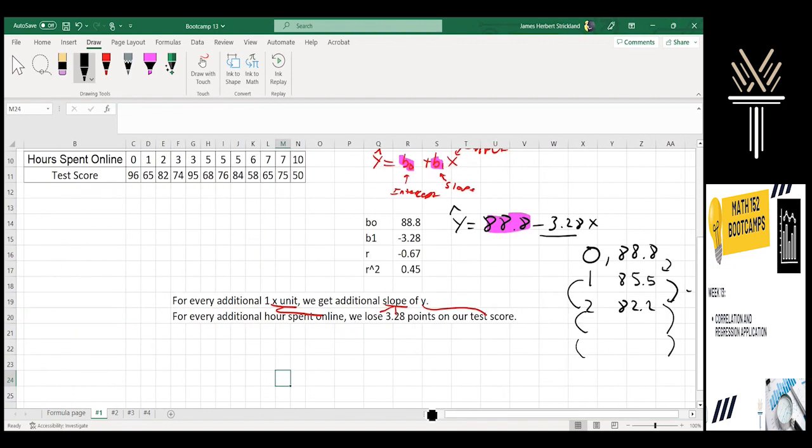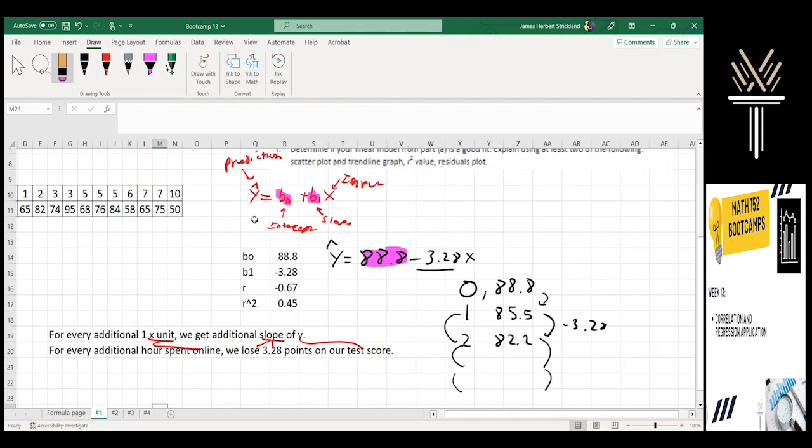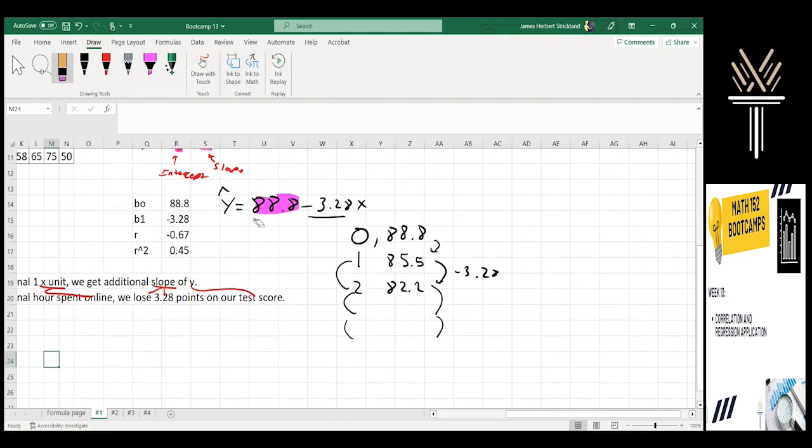That's why we say for every additional hour, you lose 3.28. It's just a way of showing that relationship. The more hours we spend, the more time we're losing. And of course, what we can notice then is time is increasing, it's getting bigger, but our scores are decreasing.